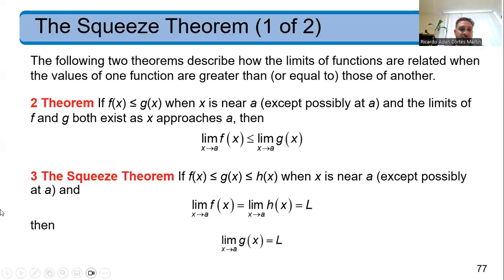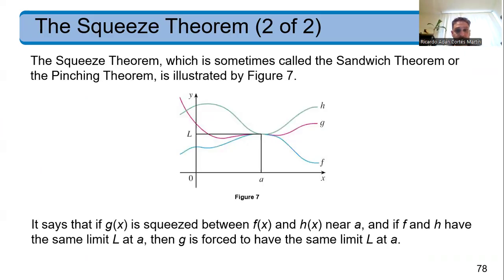So what happens if I have two functions, one over the other, and the other over another? They are squeezing. If the limit of the upper function and the limit of the lower function go to the same place, then the function that goes in between has to go to the same limit.